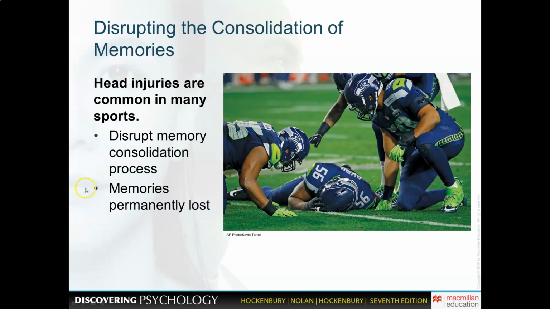Take for instance, that happens in sports quite often. Other types of head injuries, due to car accidents or things like fighting sports where one acquires head injury due to repeated blows to the head, that type of thing. Just some examples.